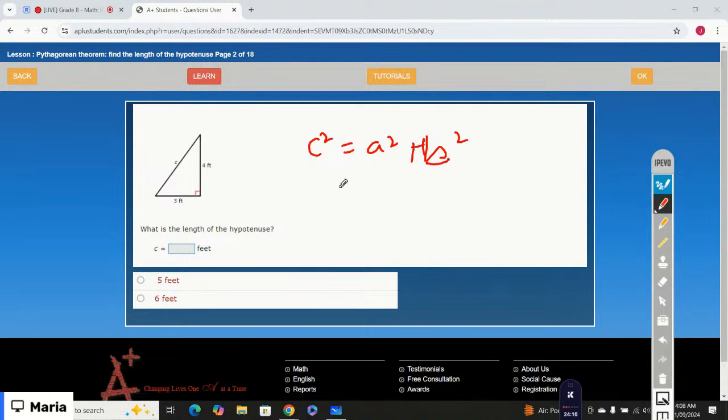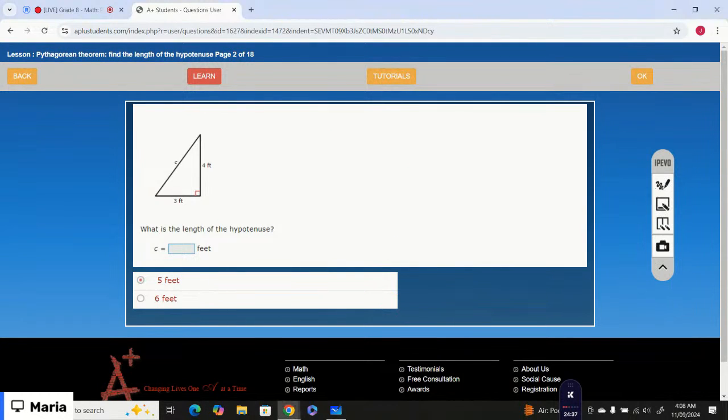So that is 4 square plus 3 square. 4 square is 16, 3 square is 9, and 16 plus 9 is 25. So let's calculate the square root of 25, right? So the correct option is 5 feet. Option number 1 is the correct option.